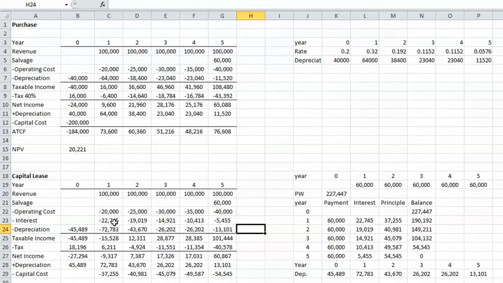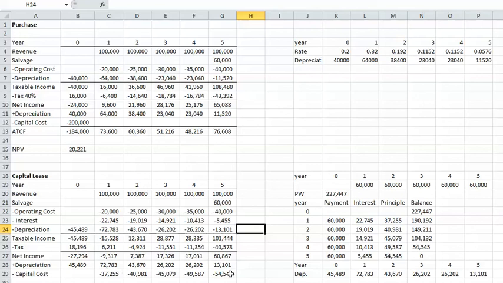As you can see here, these big interests are being deducted from revenue as tax deductions in early years, and because the principal is increasing, we are paying less principal, less capital cost for the property in early years.